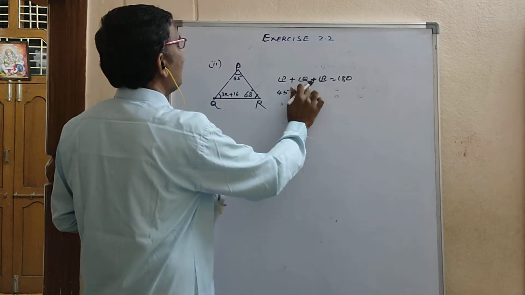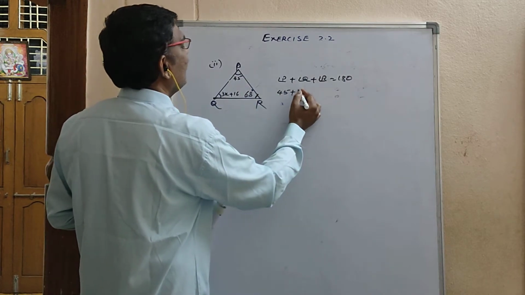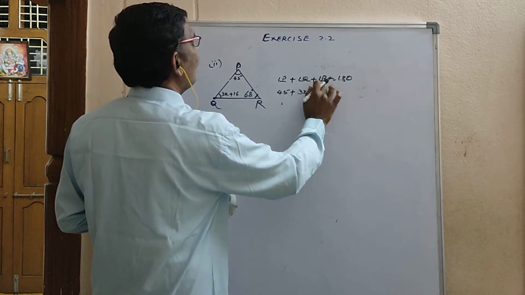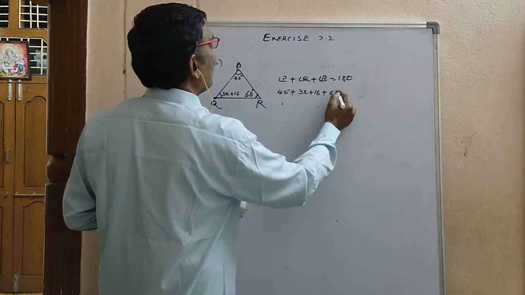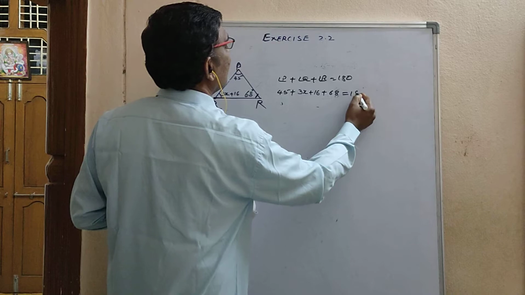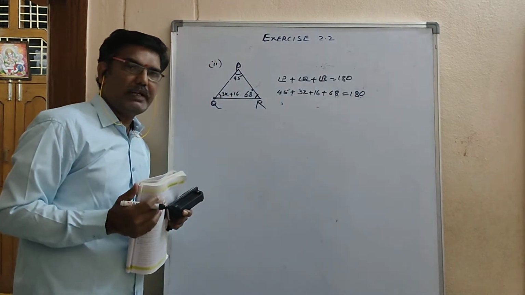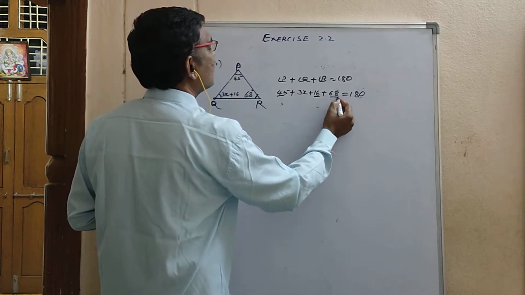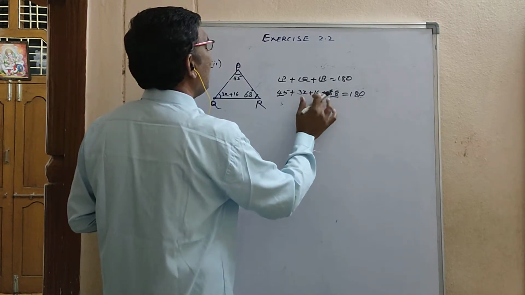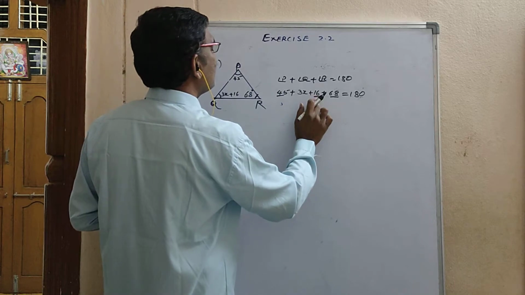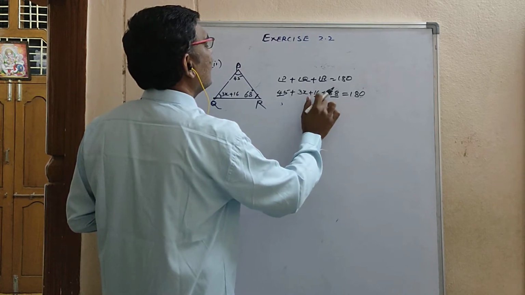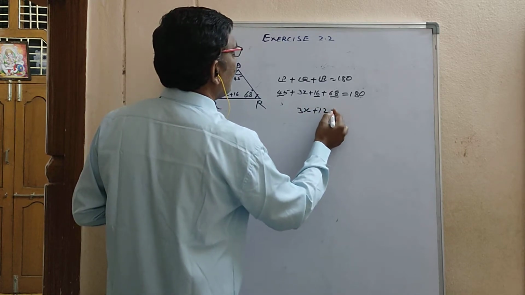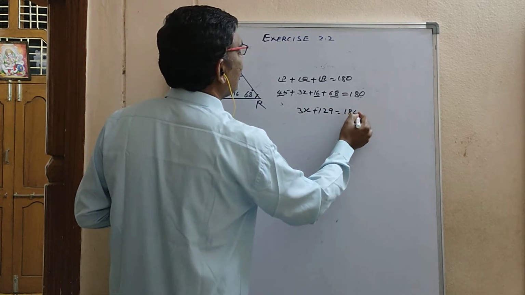In place of angle Q, 3x plus 16. In place of angle R, 68. Is equal to 180. Now these are all numbers, so you can add them. 45 plus 16 is 61, plus 68 is 129. 3x plus 129 is equal to 180.